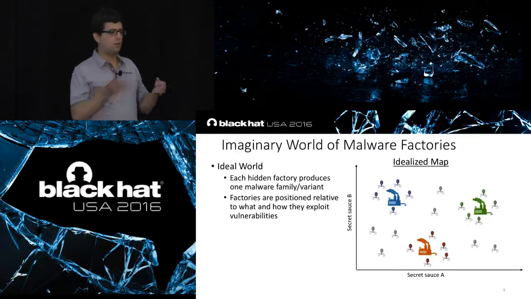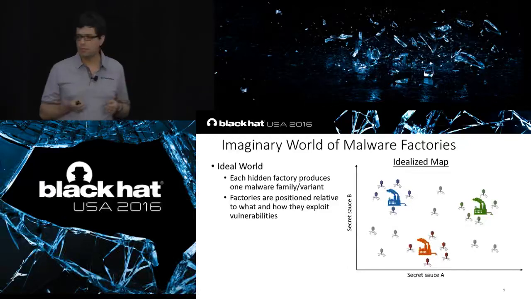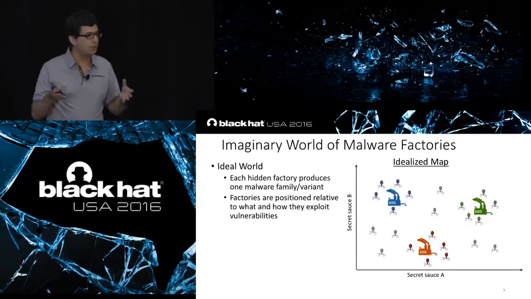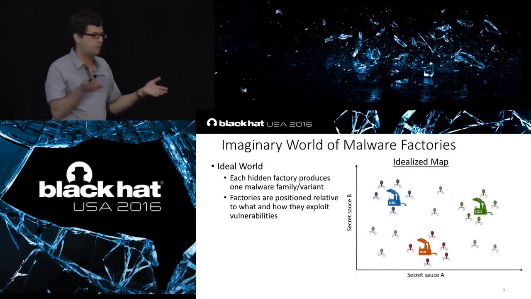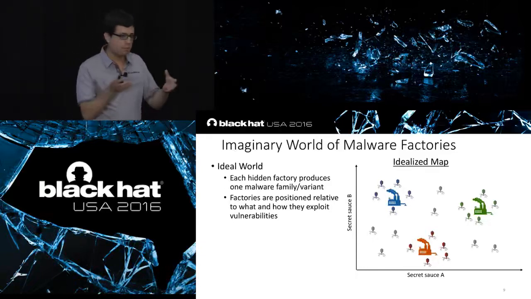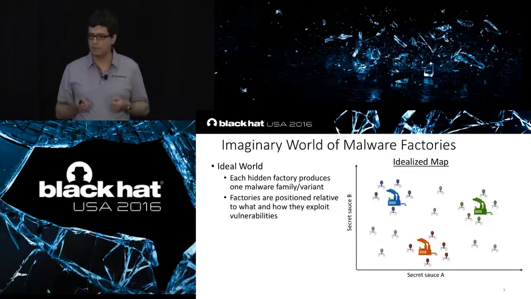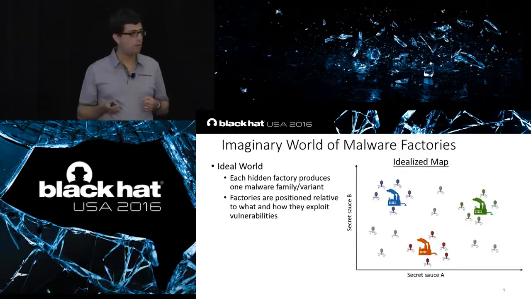So if factory 1 uses secret sauce that's similar to factory 2 that uses almost the same secret sauce, right? Maybe they're 2 different threat actors from China, but they share a lot of the secret sauce between the 2. They would be close on the map, but threat actors that don't share anything together would be far away on the map.